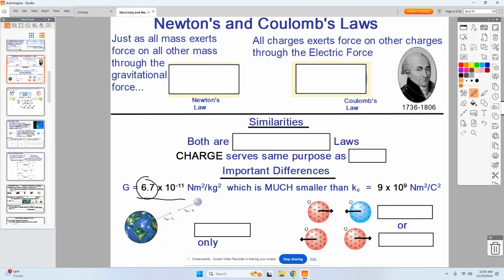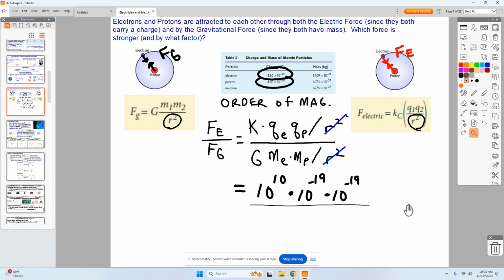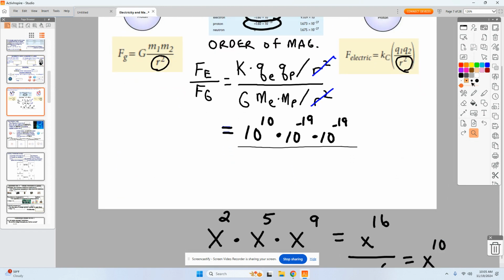That means it's going to go to 10 to the negative 10. That sometimes is confusing, but I'm going to make that power 10 to the negative 10. So for G, that would be 10 to the negative 10 power.